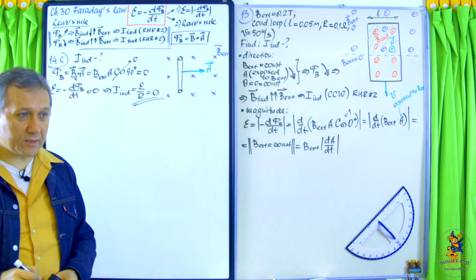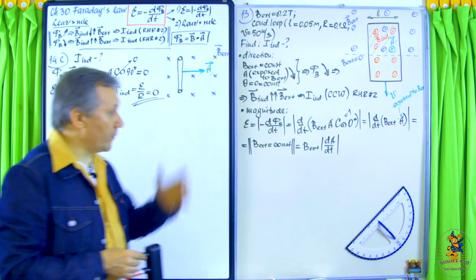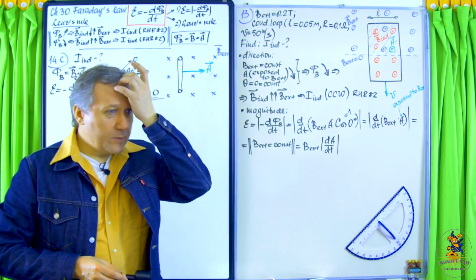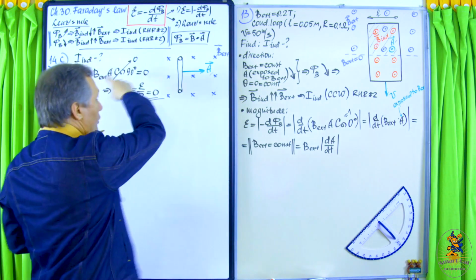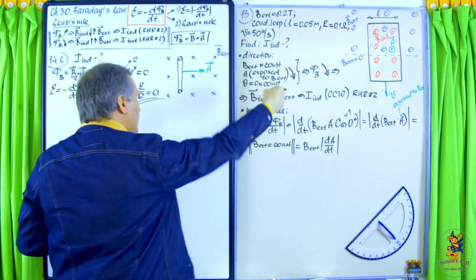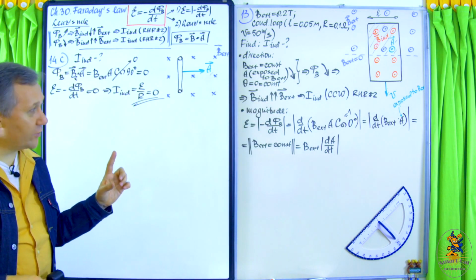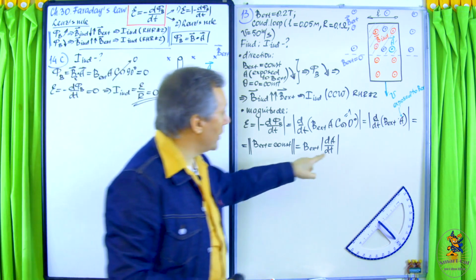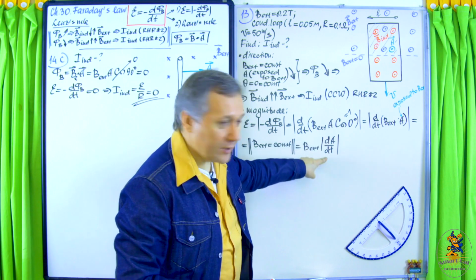And again, A is the area exposed to a magnetic field. Okay, so now we have to use the same trick which I used in the lecture. You remember we had a U-shaped rail, there was a rod, and that rod was moved to the right. This is areal velocity, how fast area changes in time.